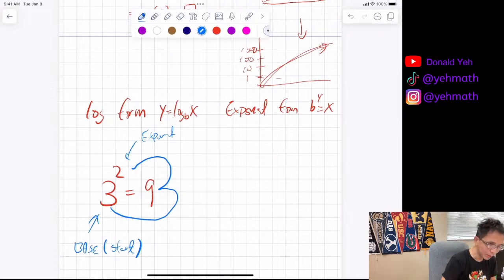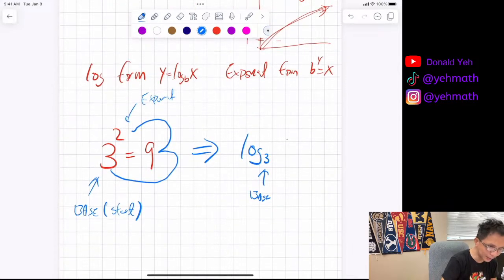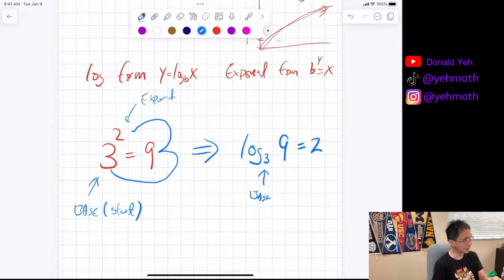So you're going to convert it to logarithm form. You start by writing log, with a base here. This base is going to be 3. Now you start at 3, so this is the base, and then you go to the other side. 9 is equal to 2. So log base 3 of 9 is equal to 2.